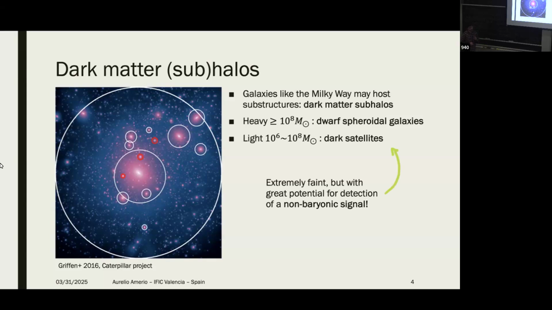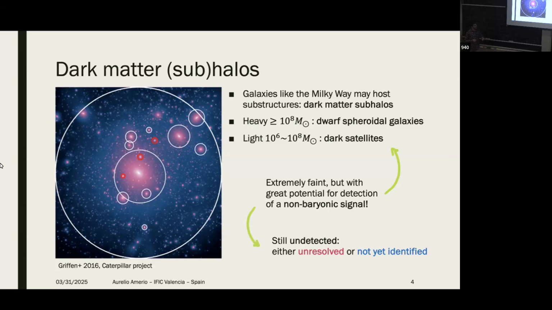On the other hand, if we were able to observe a signal from a dark satellite, it would be a very strong hint to the particle nature of dark matter, and it would probably be the first hint of a non-baryonic gamma ray source. So they're still undetected, and so if they exist, they must be either unresolved, inside a mixture of gamma rays that we don't know how to treat really well, or if they have already been measured, they are not currently identified.